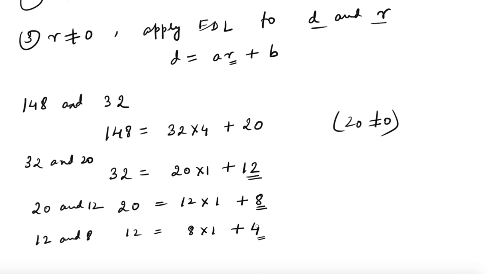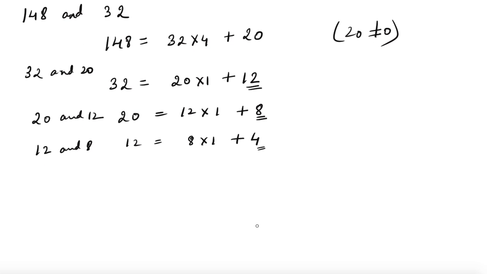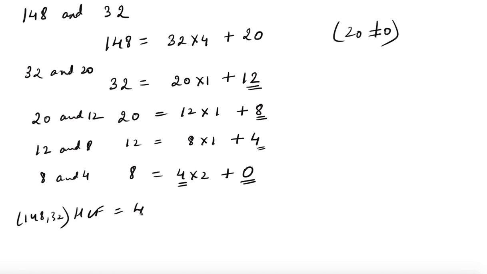Again this r is not equal to 0, so we will apply Euclid's division lemma to 8 and 4. Now 8 is equal to 4 into 2 plus 0. So finally this r is equal to 0 and hence the HCF becomes this divisor 4. So I can say that the HCF of 148 and 32 is equal to 4. This is how this process works.